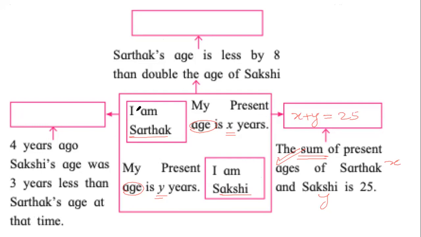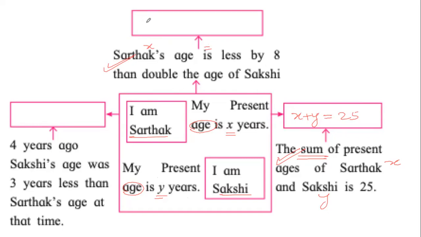Now, if you look at the statement at the top, it says Sarthak's age, remember what is Sarthak's age? X is less by 8. From what? Than double the age of Sakshi. Now Sakshi's age is Y, double means multiplication.